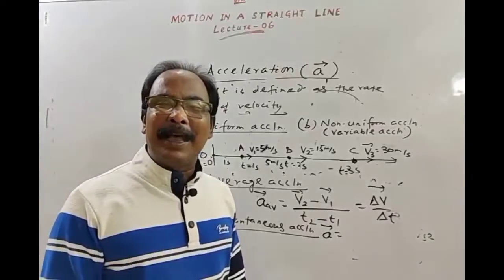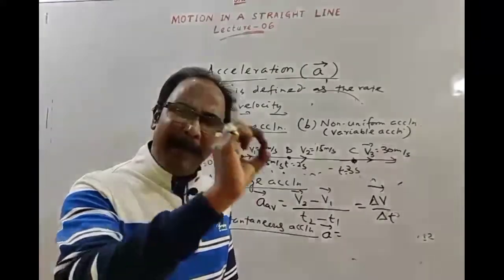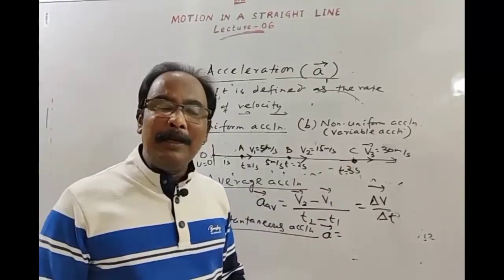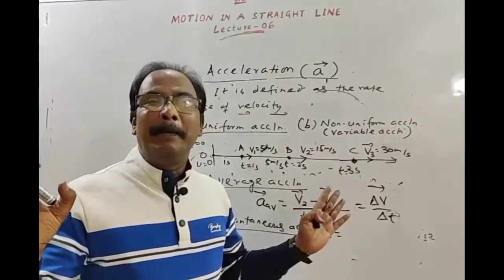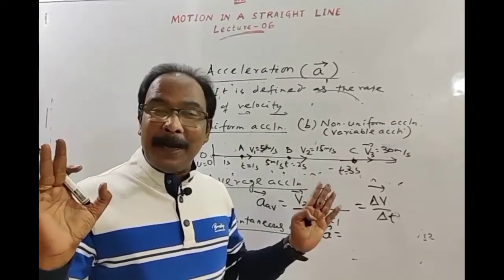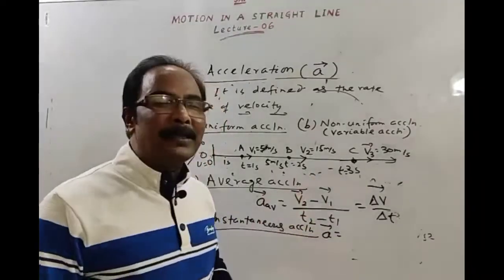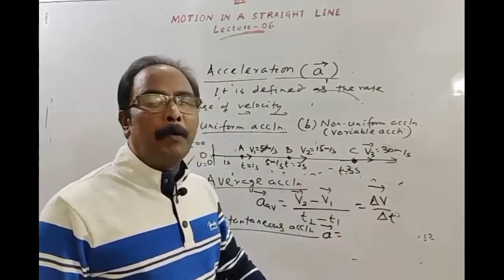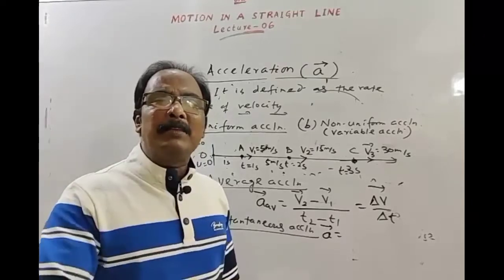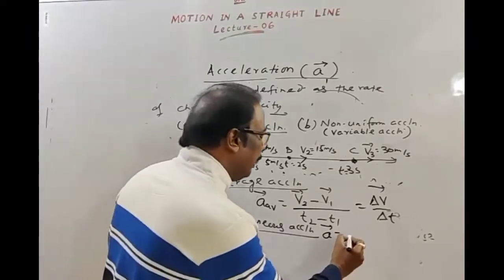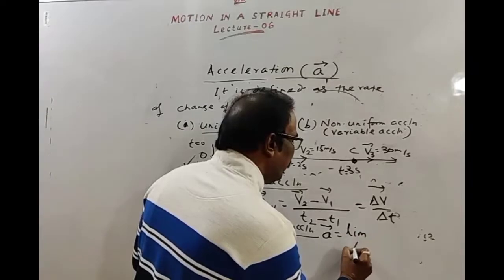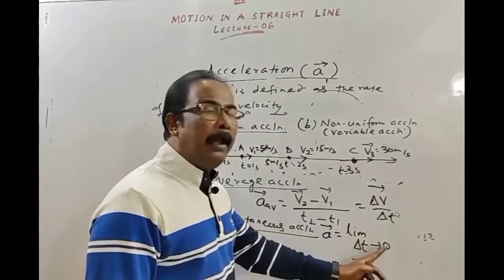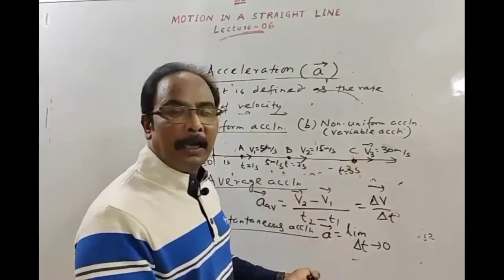First we discussed the qualitative definition: it is the acceleration at any instant of time. For the quantitative form, instantaneous acceleration is calculated by the limiting value of average acceleration, limit delta t tends to zero.